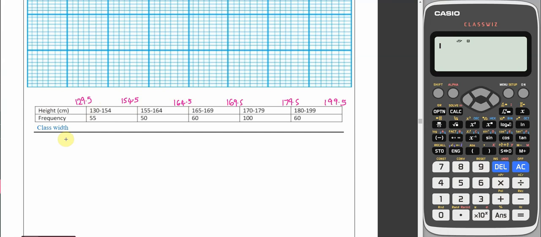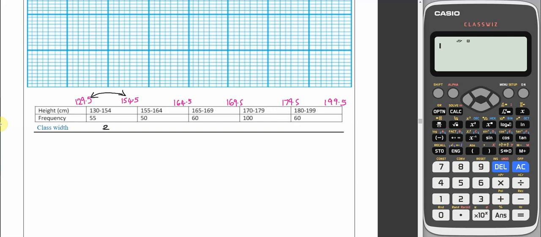So I'm going to add another row to my table for class width. So first class really begins at 129.5 and it really ends at 154.5. So it's these two numbers that we need to be subtracting to find the class width. So we take those away from each other, we get 25.